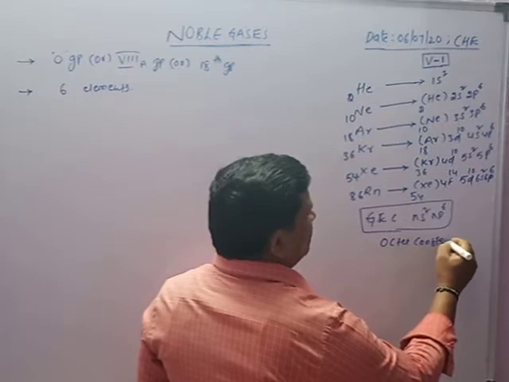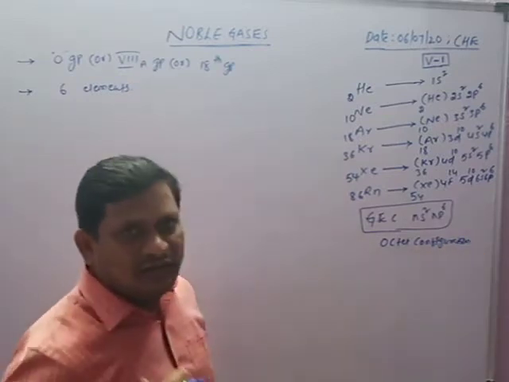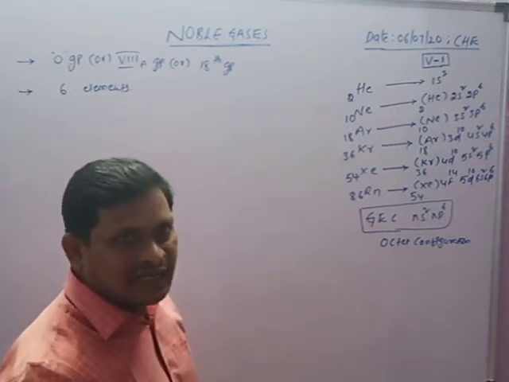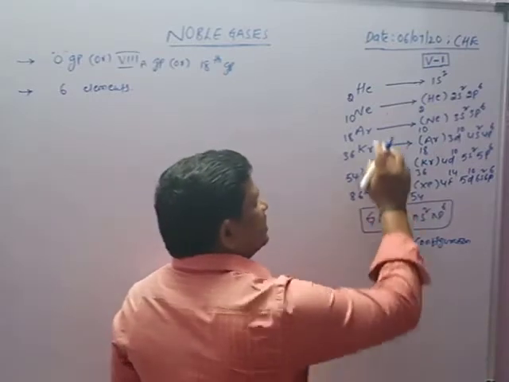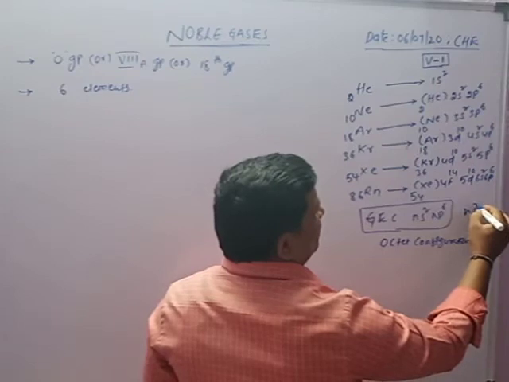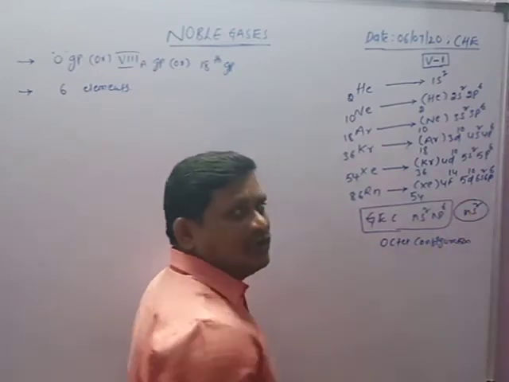Due to the octet configuration, these elements do not take part in chemical reactions. They are chemically inactive. Except helium. What is the general electronic configuration of helium? It is ns2, because helium consists of only 2 electrons.